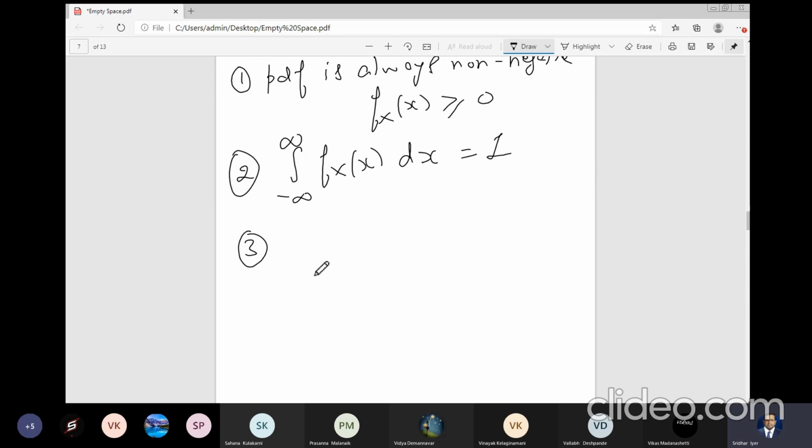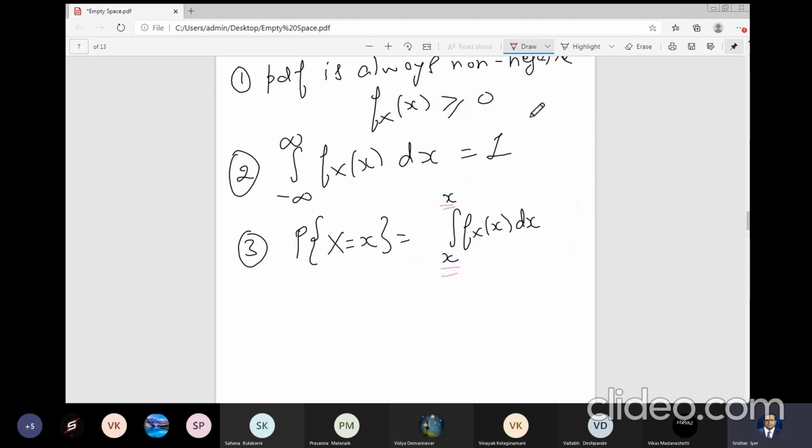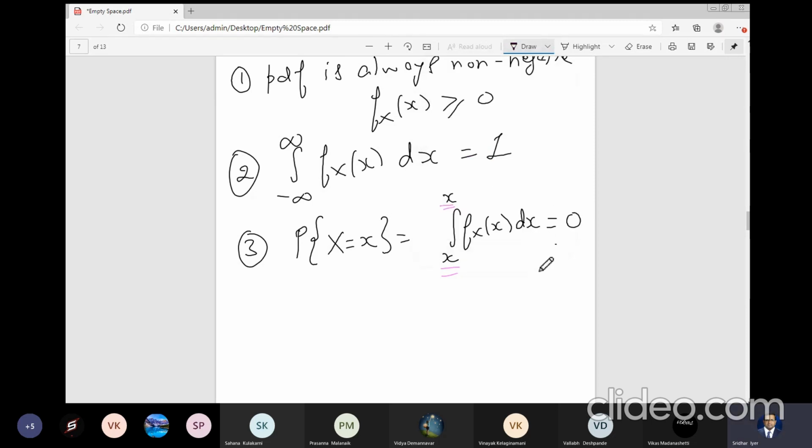Third property: if you want to find the probability at a particular point, only that point, that will be nothing but the integral from x to x of fx of x dx, and because you can see the two limits are the same, this answer will be nothing but 0.